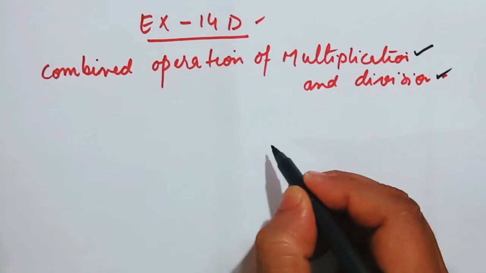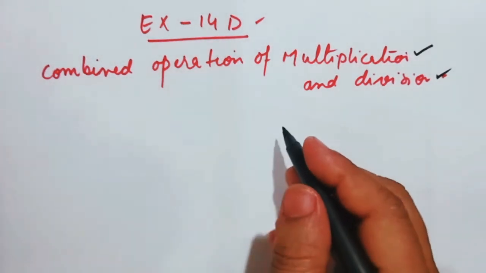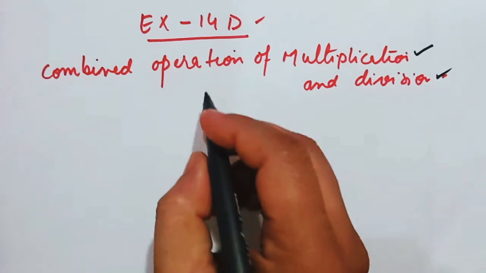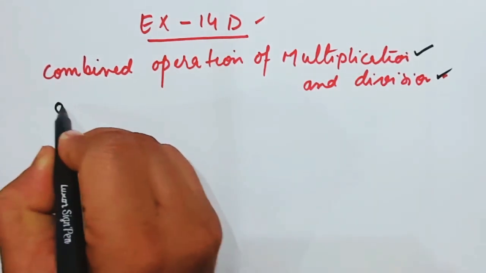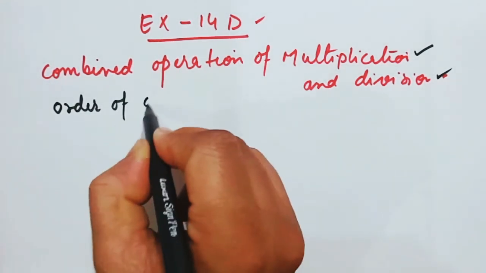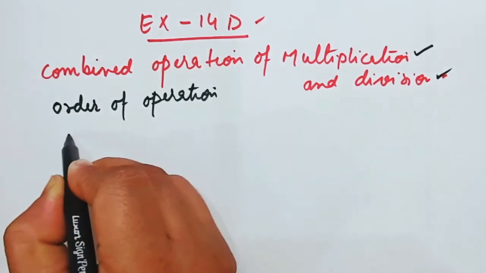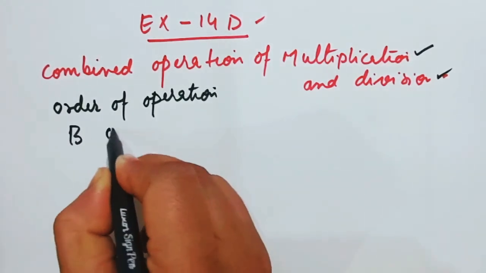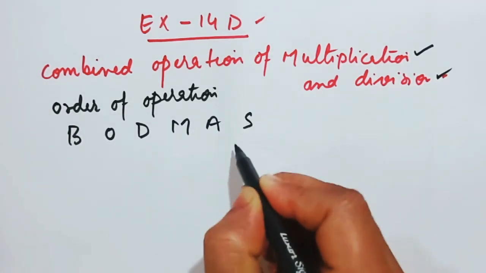While simplifying, since something extra has been added and you have addition, subtraction, bracket, of, multiplication, division, naturally they should be solved in order. The order of operation should be in the form of BODMAS.